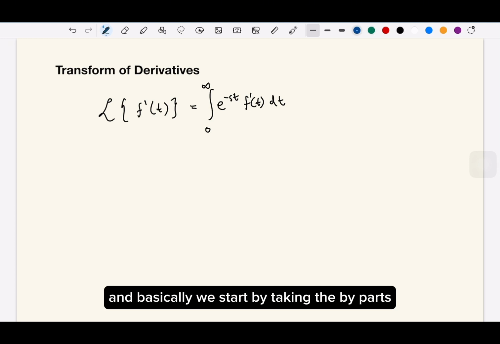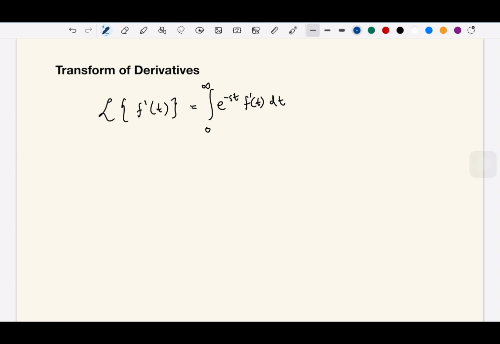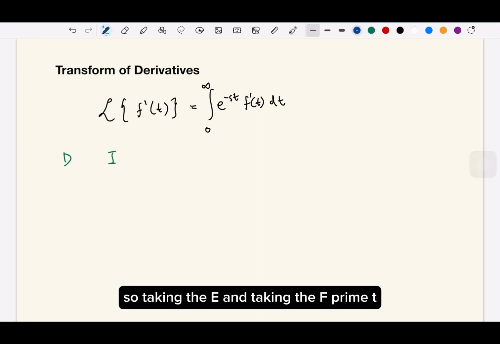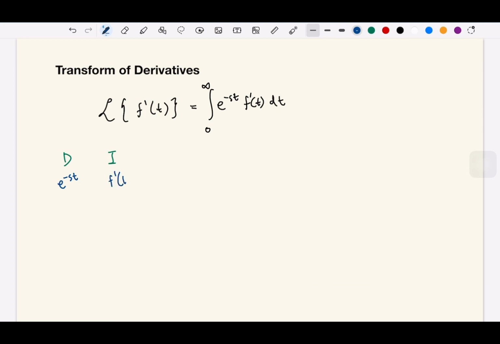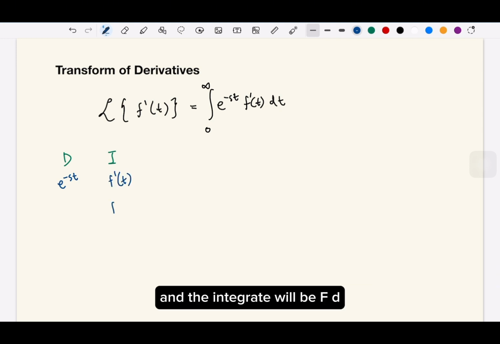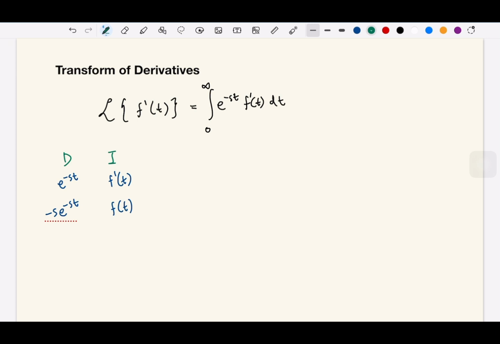Basically we start by taking integration by parts of the f prime, taking the e to the negative st and taking the f prime t, whose integral will be f t.